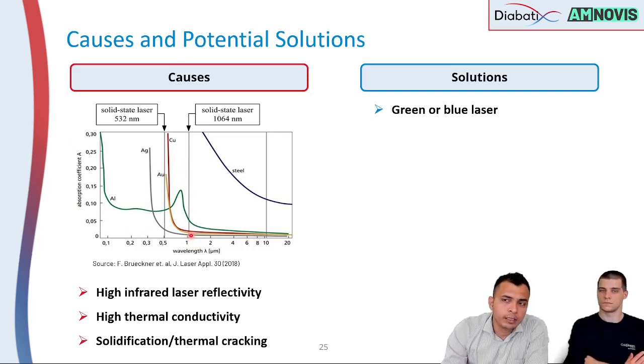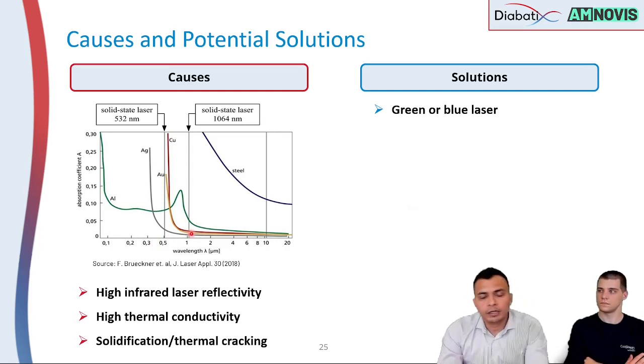This means the laser energy will be reflected nearly more than 95%, so the energy cannot be absorbed. That's why you cannot melt the copper powder and produce a part out of it. However, as you can see, when you go towards shorter wavelengths, meaning the visible region, the optical absorptivity of copper drastically goes up. And that's where one of the ideas comes in that I will discuss in the solution section.